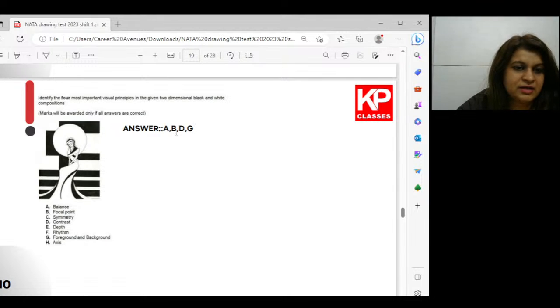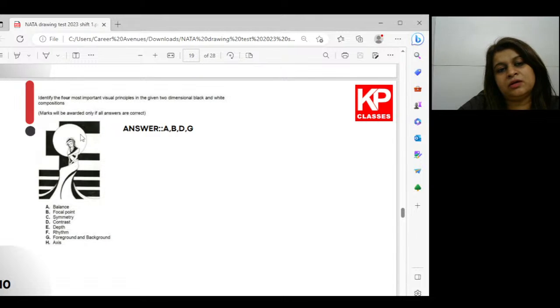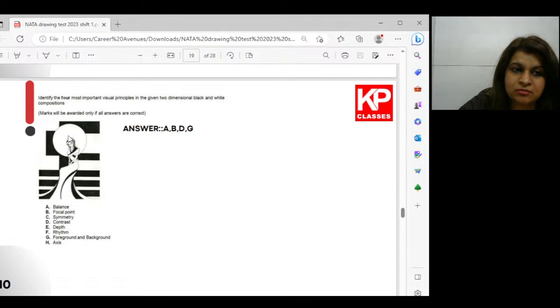Then the next option says focal point. Yes, we do have a focal point. Your eyes are going here. An interesting focal point has been created in the center in the form of the halo, and the eyes are actually going right there rather than going towards any other element first. Then there's very high contrast. We have just used two colors over here, white and black.